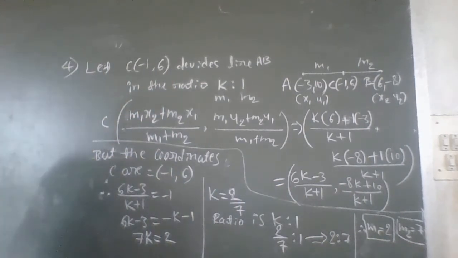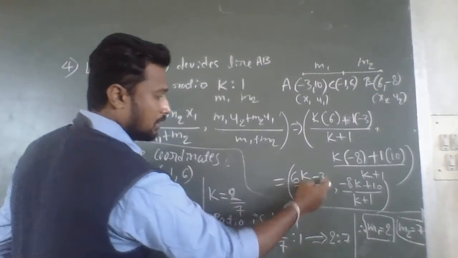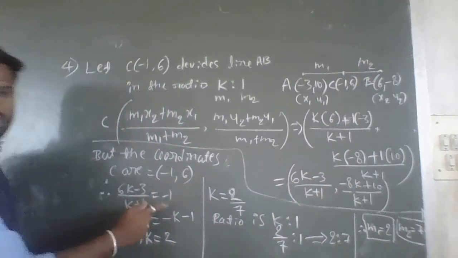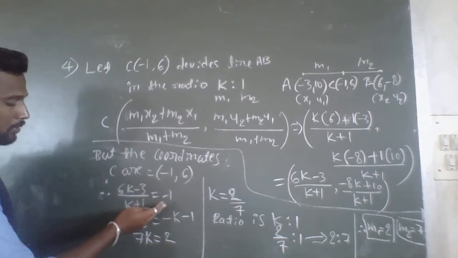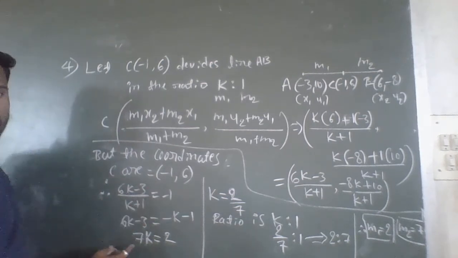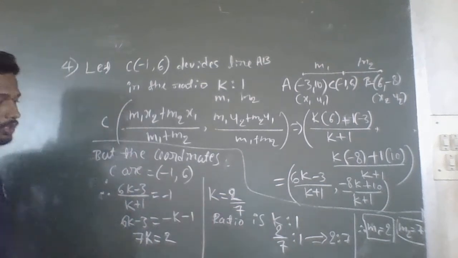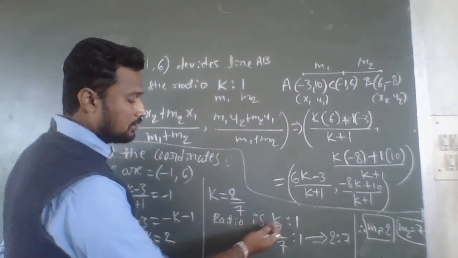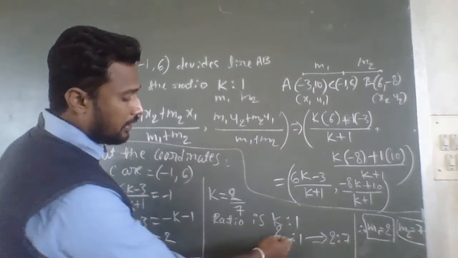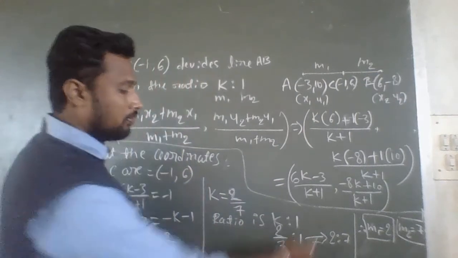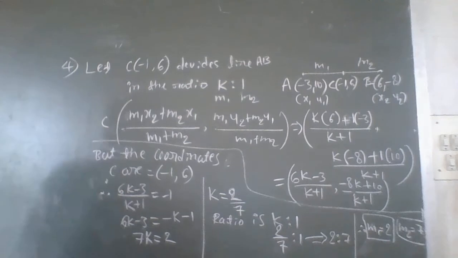So to calculate the ratio, meaning m1 and m2 values, we will consider (6k minus 3) by (k plus 1) is equal to minus 1. So now we take this k plus 1 to the right hand side, and by calculating, we get k is equal to 2 by 7. So we considered the ratio k is to 1. So k value is 2 by 7 here, meaning we can write it as 2 is to 7. Therefore m1 value is 2 and m2 value is 7, which is the answer.